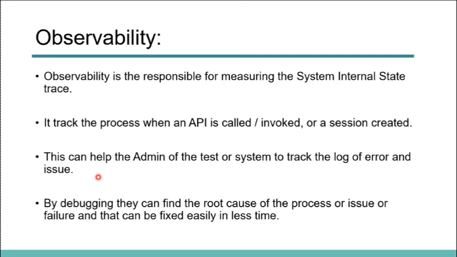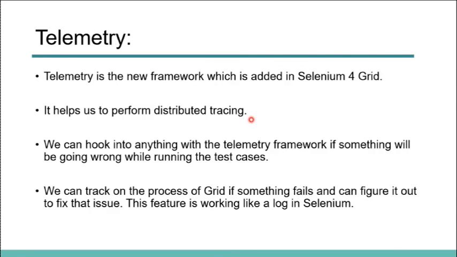This can help the admin of the test or the system to track the log file if there are errors or issues. By debugging, they can find the root cause of the issues or failures, or fix them early in less time, as they are able to know what is in the log.